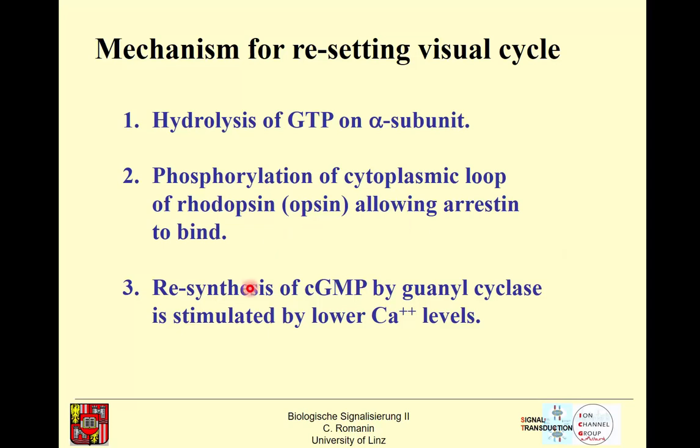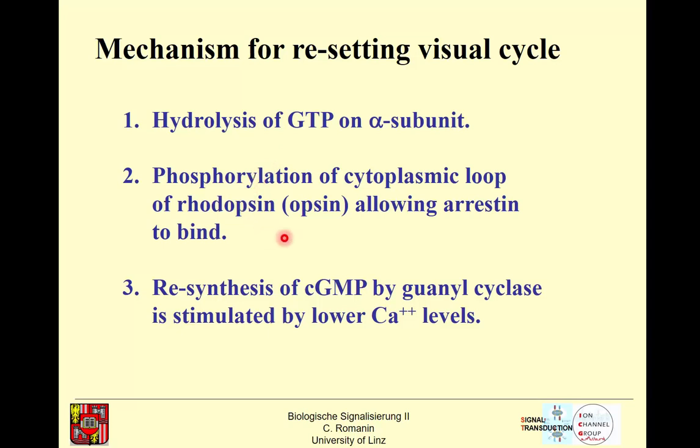So what are the mechanisms to shut these processes off? Of course, one we have already heard, that is the hydrolysis of GTP on the alpha-1 subunit. That is the inherent GTPase activity on the alpha-1 subunit of transducin. After some time it gets active, GTP splits off by GTPase as one phosphate, and it ends up with GDP on the alpha-1 subunit, which we associate with beta-gamma.